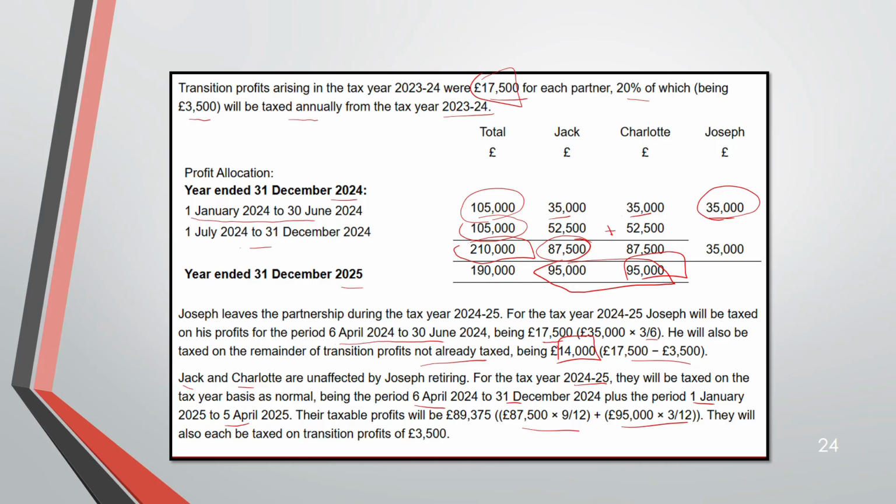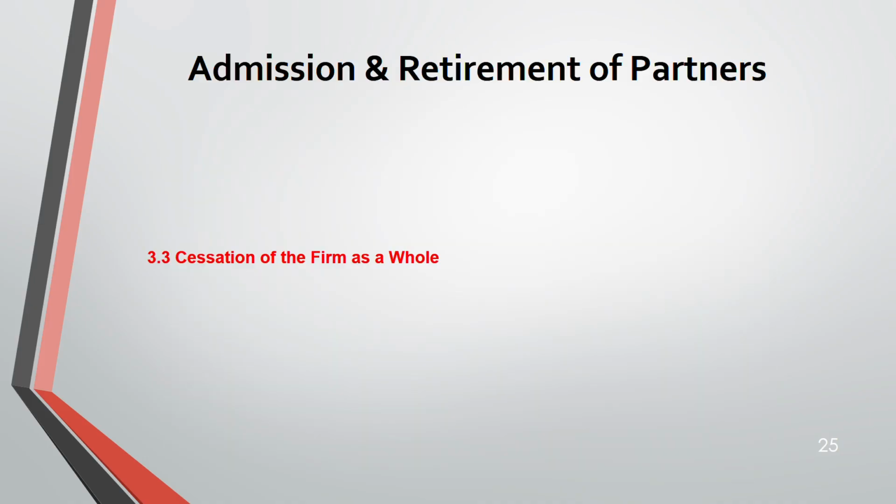It's the same for both Jack and Charlotte because they have the same profit. They will also each be taxed on the transition profit of 3,500.